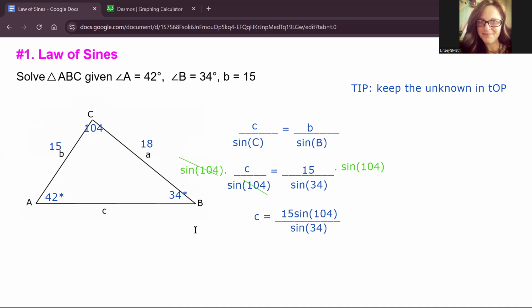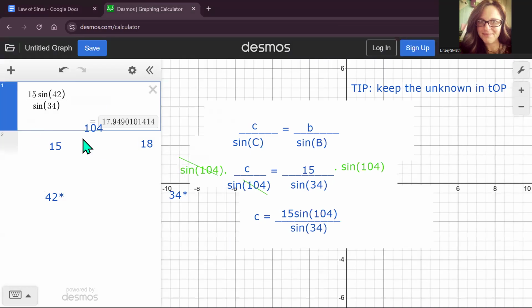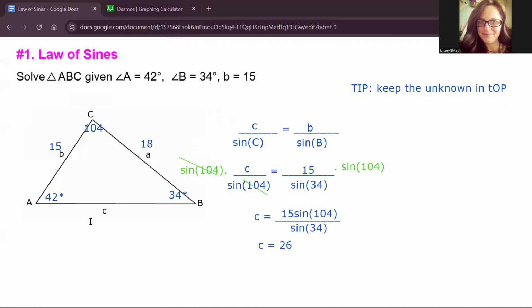And we'll pop that in the calculator, making sure that we're in degrees. Oh, look, I can just change this to 104. And we get side C is 26. And there we go. We have solved all the angles and sides of this triangle.